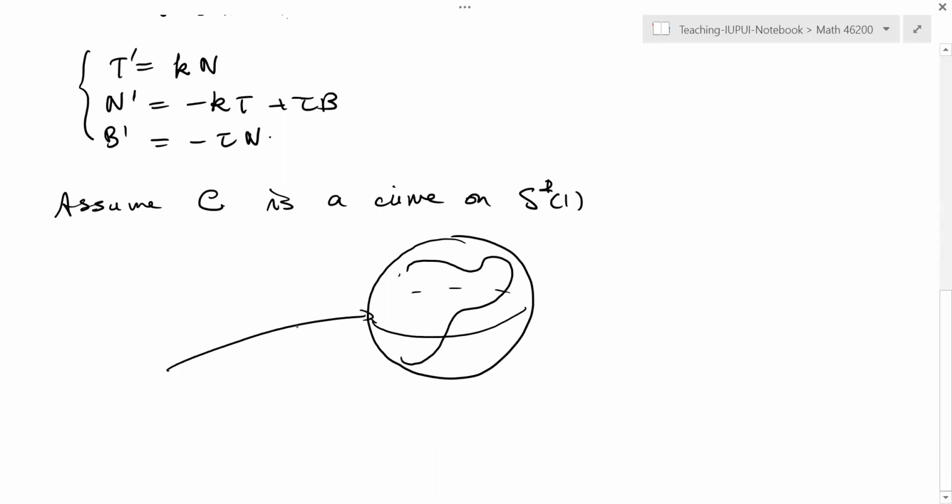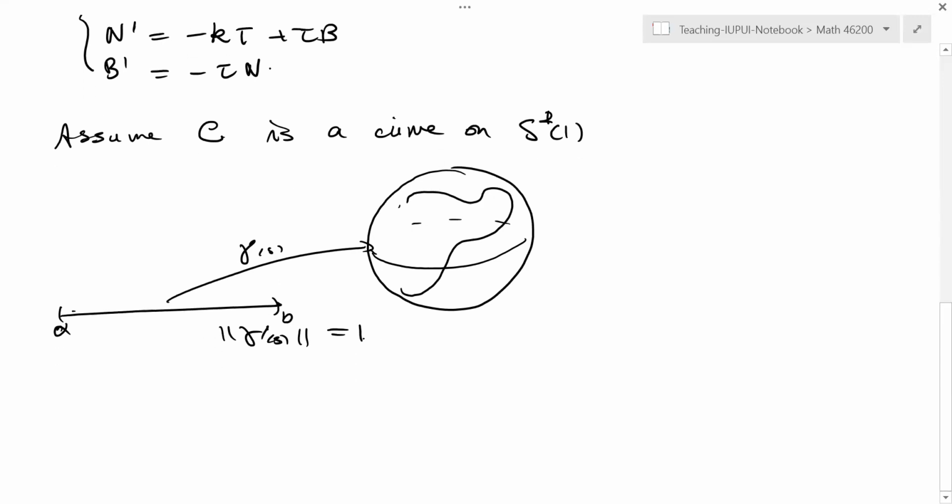So we still use γ(s). We assume that the length is going to be 1, and it goes from α to β, a piece of curve. Let's do some computation.